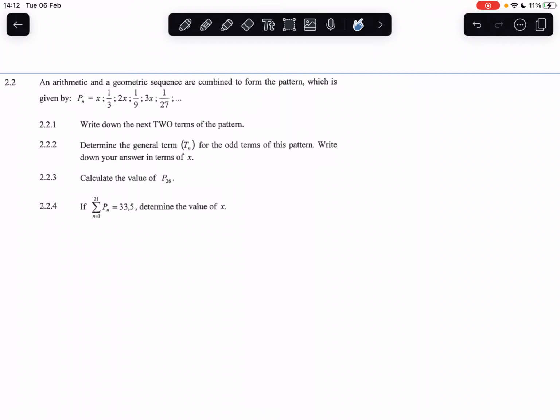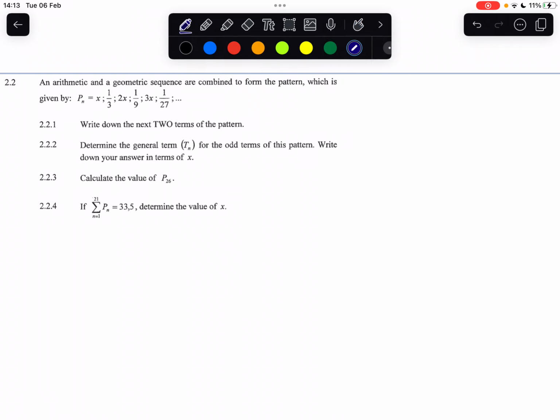Okay, hopefully it's clear which one is arithmetic and which one's geometric. They're alternating. If you just look at the first pattern, which is x, 2x, 3x, that's an arithmetic series where we're adding x each time.